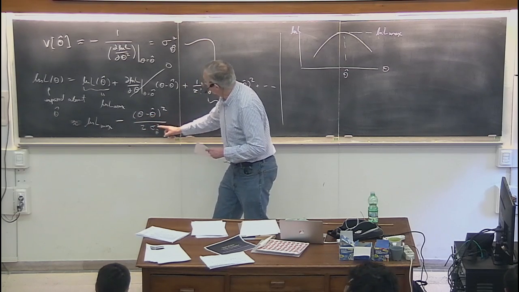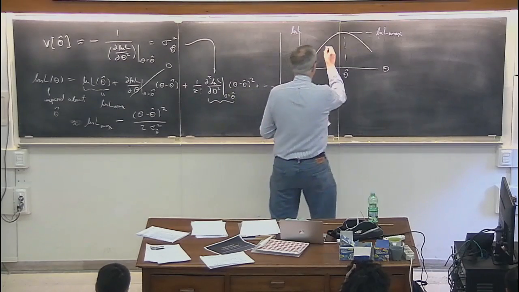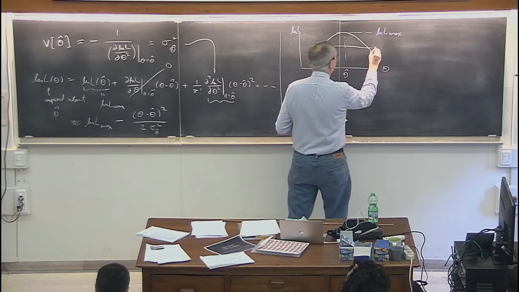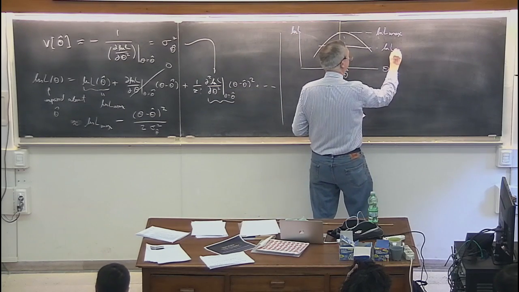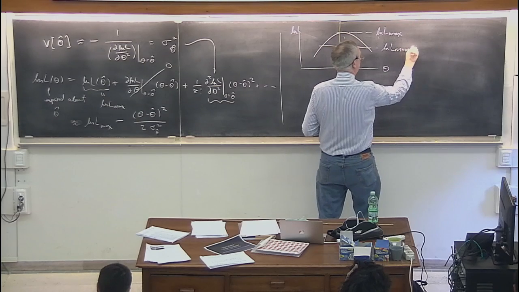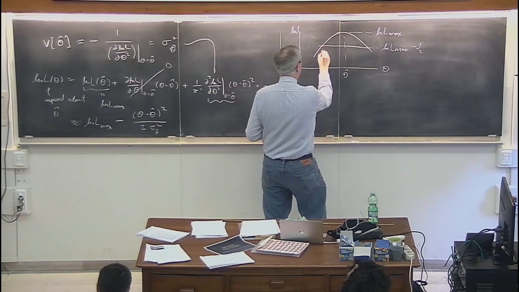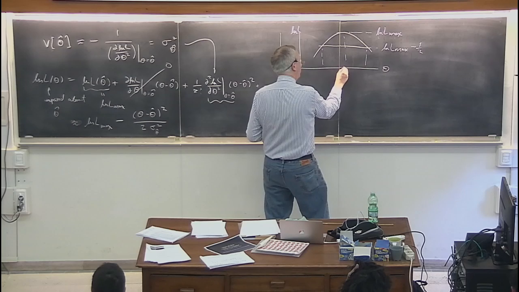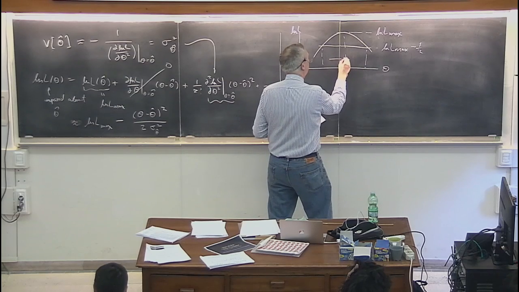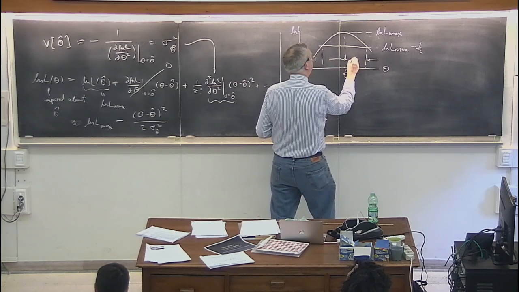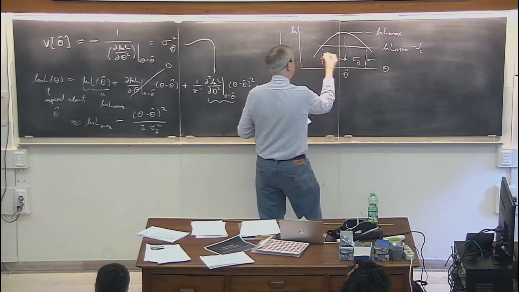Okay, so if I make that term cancel that term, we get the following. If I come down here to log L max minus 1/2, then that would correspond to moving theta away from theta hat by exactly 1 standard deviation. So it should be approximately symmetric. I could go to either side.